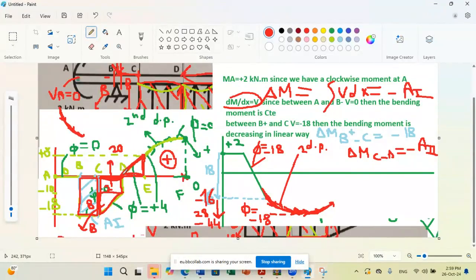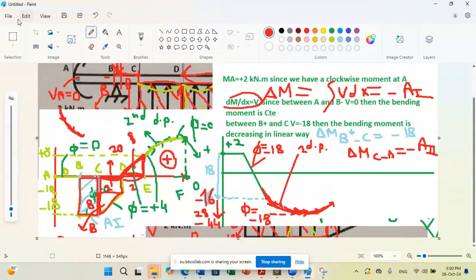The distance between D and E is 2, and the height here is 8, so 2 times 8 over 2. The area here is 8, so we need to add plus 8.